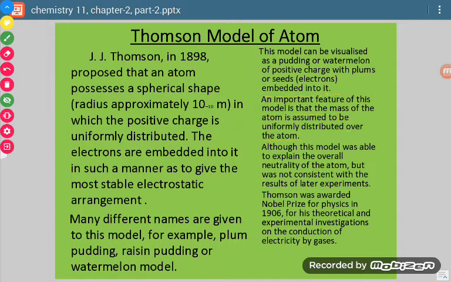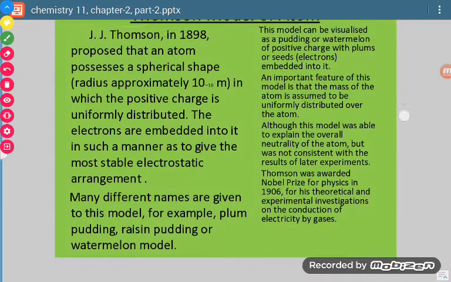As far as neutrality is concerned, this model was okay because total positive charge and total negative charge were the same, so it was neutral overall. But researches after some time were not in agreement with the postulates given by Thomson. So in the later stage it was discarded.